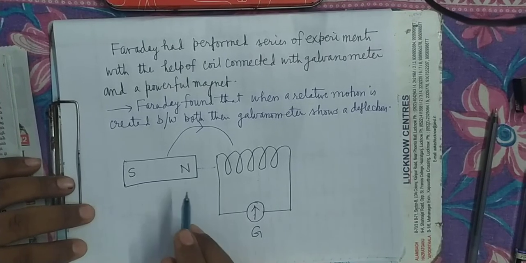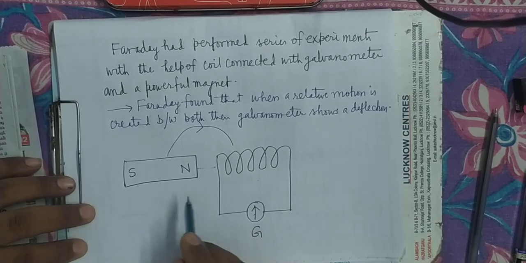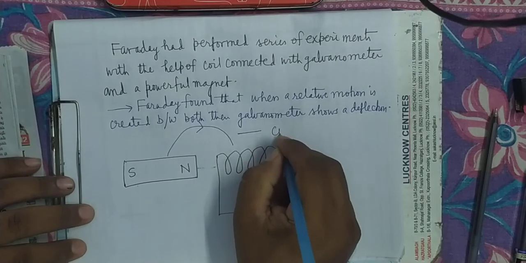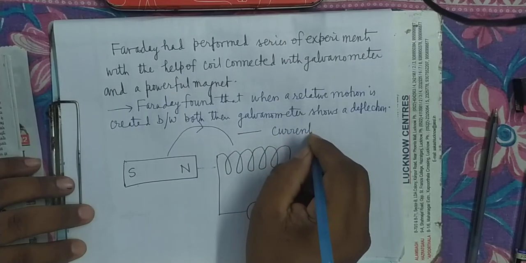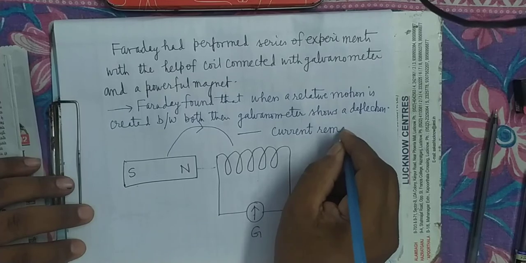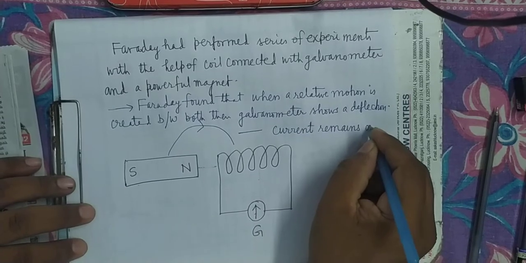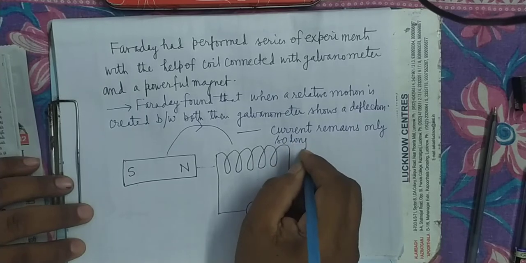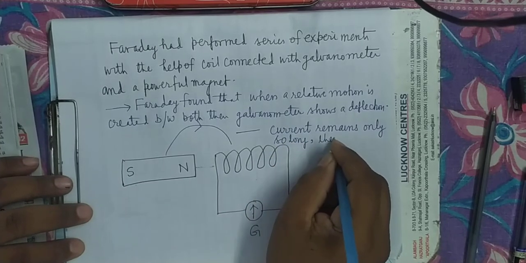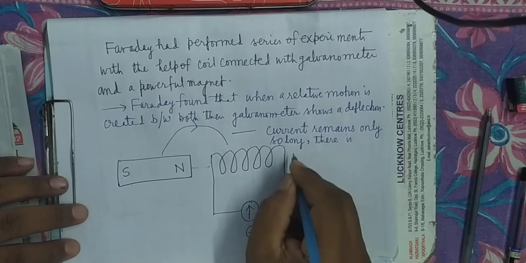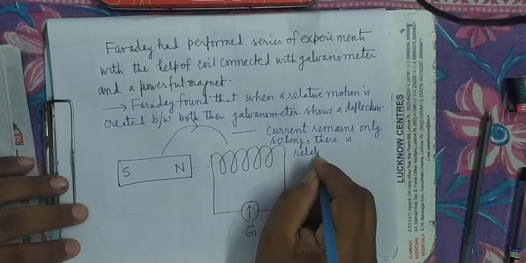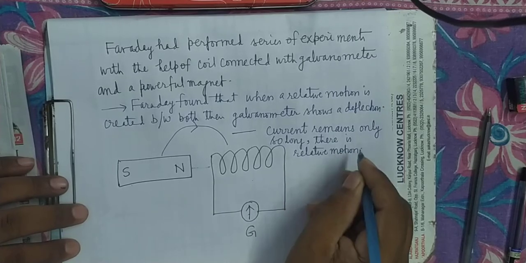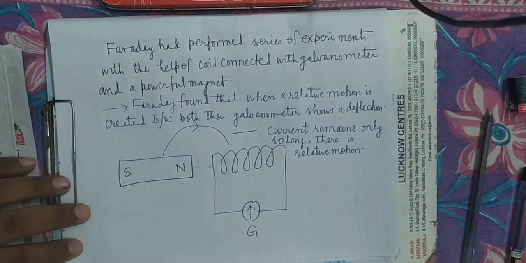And this current persists only so long as there is the relative motion. He found that current remains only so long as there is relative motion. As soon as the relative motion stops, there is no current.